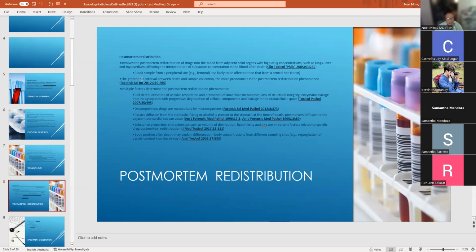Usually, if it's a direct proportion, the more you study, the more chance you pass. However, if it's an indirect proportion, the less you study, the more likely you will not pass a subject. That is indirect proportion. So, multiple factors determine the postmortem redistribution phenomenon.